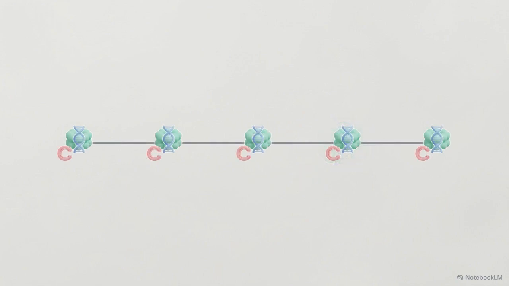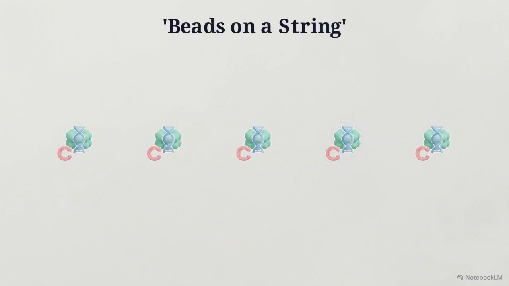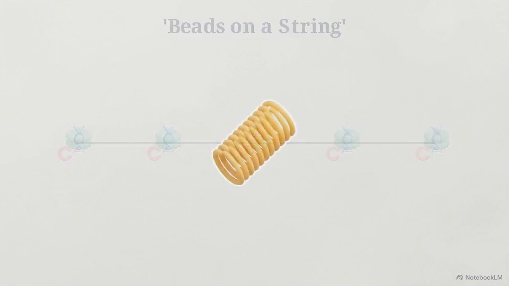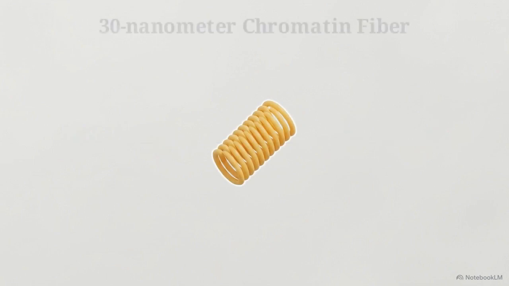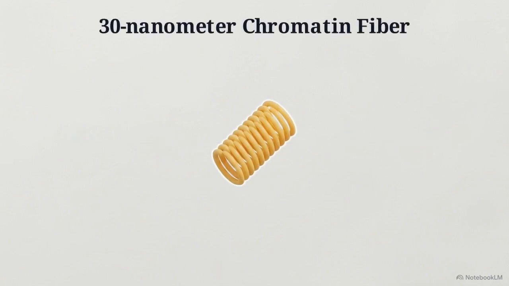As the cell condenses further, these beads on a string coil together into a structure known as the 30-nanometer chromatin fiber. Chromatin exists in 2 distinct states within the nucleus. On the left is euchromatin, where the coils are loosely spaced and lightly stained, making the DNA transcriptionally active.